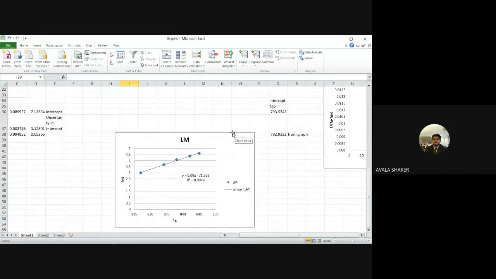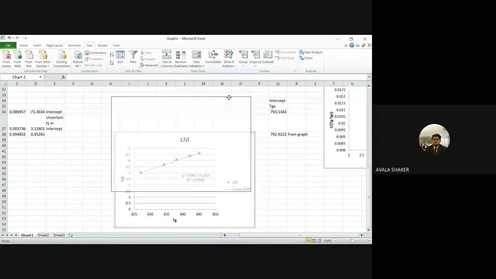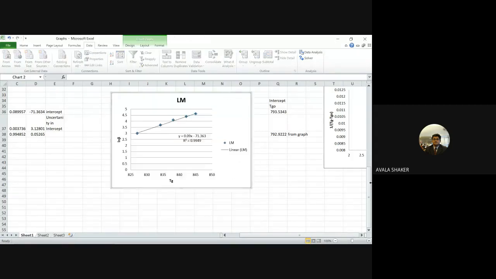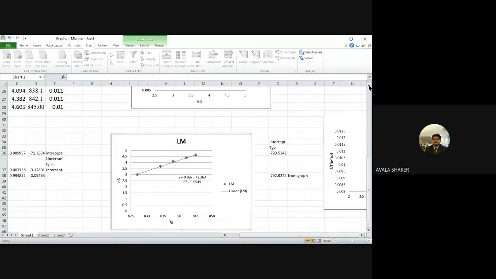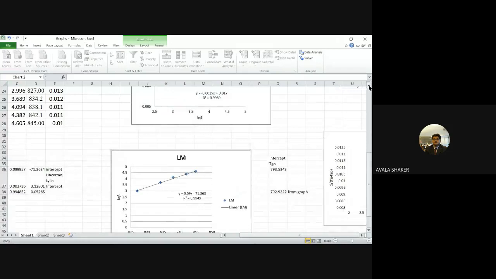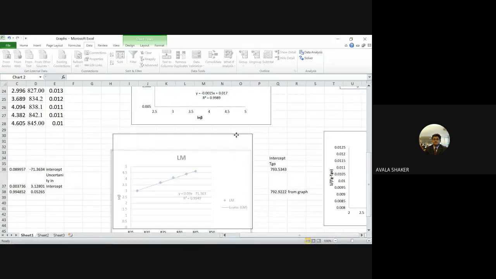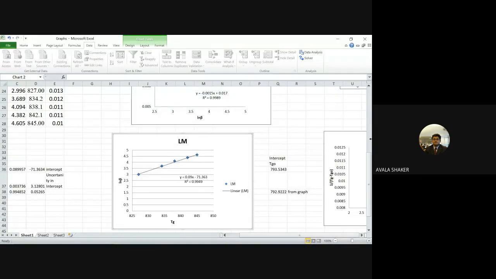This graph is also the same. On the same data we have plotted this. Here it is ln beta versus Tg.